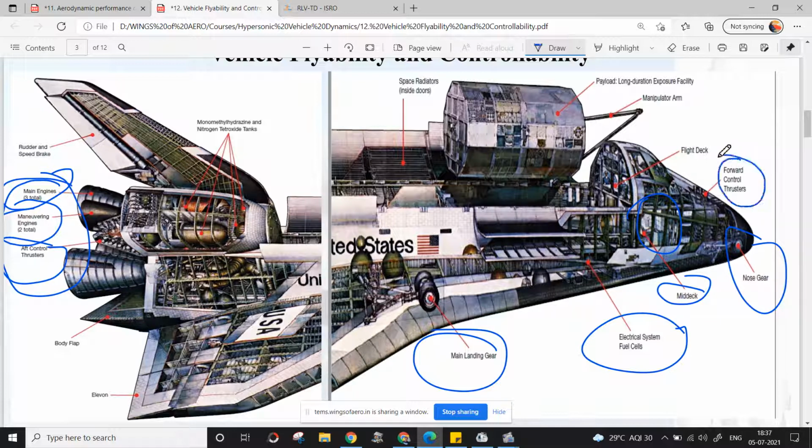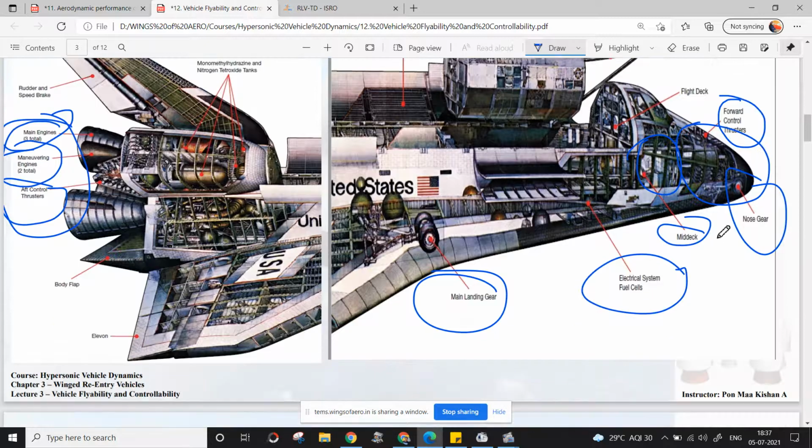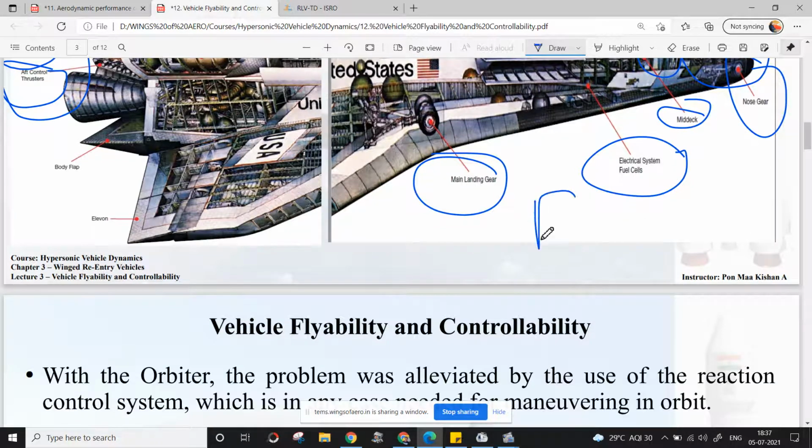So there are some reaction control thrusters, or forward control thrusters, available in the nose section. There are engines at the rear end, which are also used for orbital transfer or performing maneuvers, but this is not sufficient. So they have included reaction control engines in the nose section.